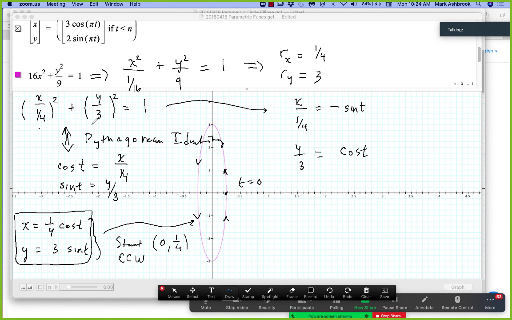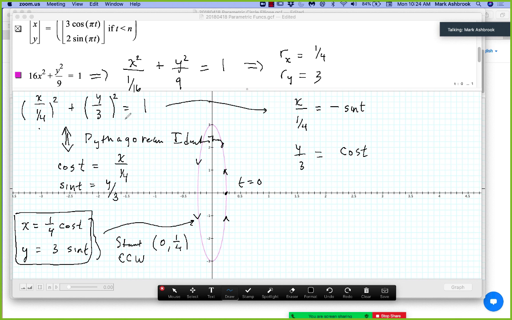Would that still make the Pythagorean identity hold? So now I've got negatives, so negative sine t squared plus cosine t squared equals 1. Is it true? Yeah, because you're basically multiplying sine t by -1 squared, which is 1. It works.